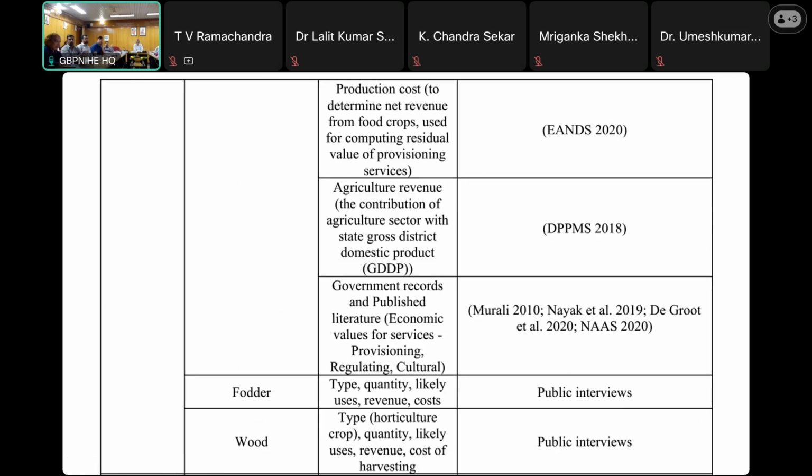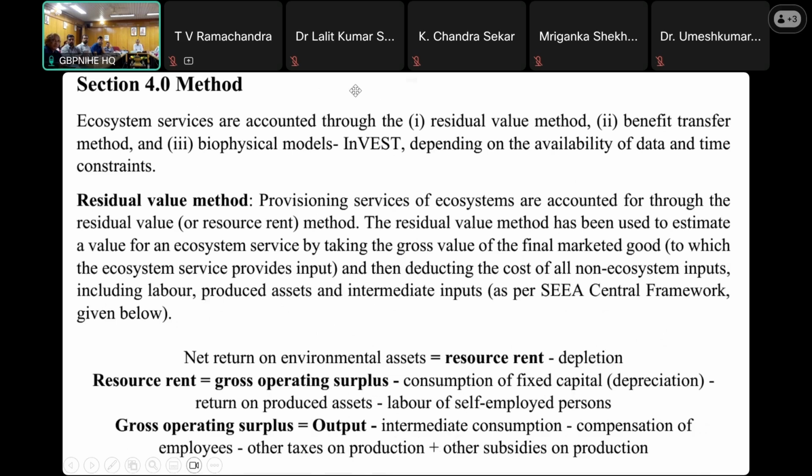Then this gives the fodder and the wood because of the agriculture activity. And the method we adopted for all the tangible resources is the residual value method. What is residual value? You look at the market price minus the cost; that is the residual value, or the benefit you got.